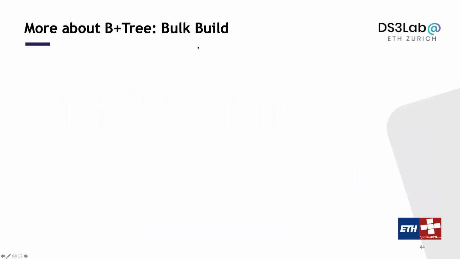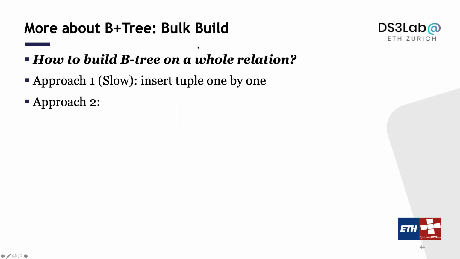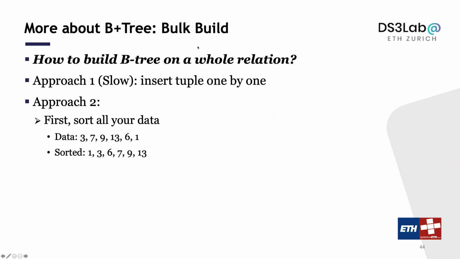So another thing about B plus tree that's kind of interesting is whenever you are building a B plus tree over a relation, right? There are different ways you can do it. The first approach could be slow, where you insert tuples one by one, right? But you can do something slightly better. For example, you can first sort your data. Okay, we are going to talk about sorting on Friday. So you have unsorted data, you first sort it, right?